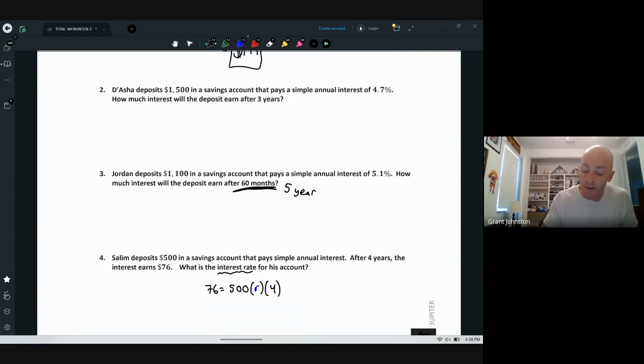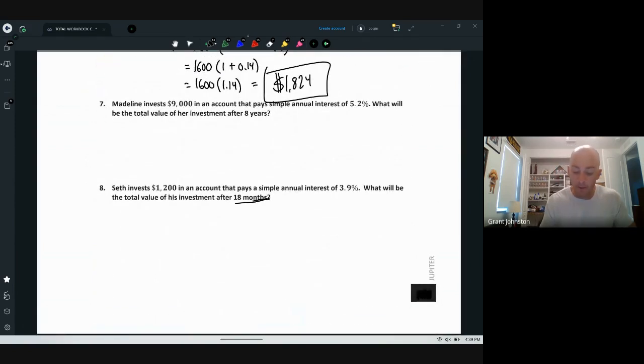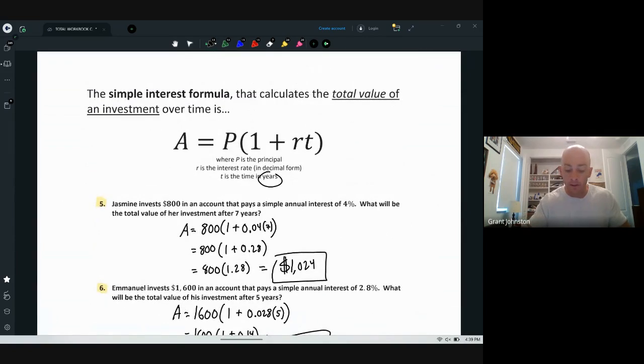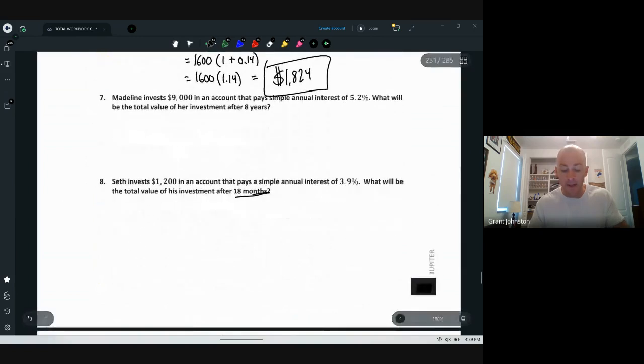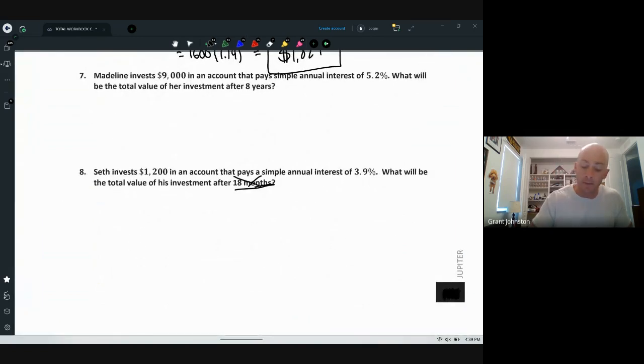So that's 5 years. So you want to use that instead of the months. And then even 18 months, we got to use years. Remember that it's time in years, okay? So 18 months, remember there's 12 months in a year. So 18 divided by 12 is 1.5 years.